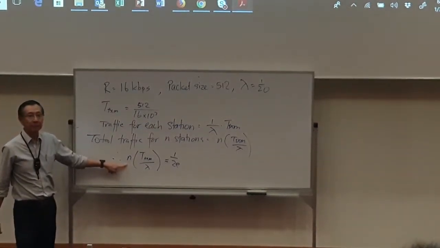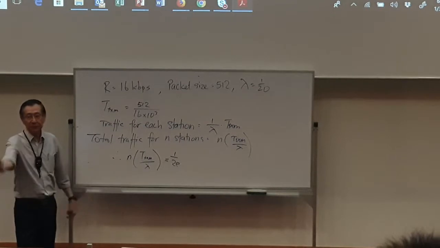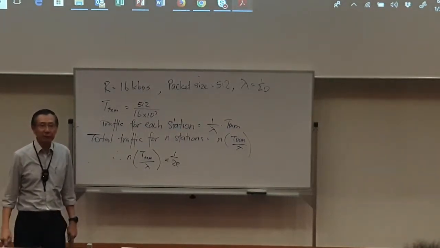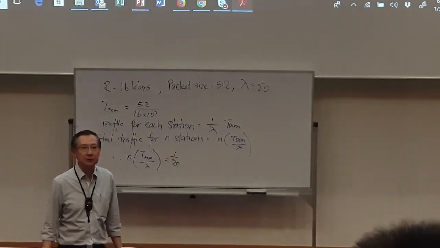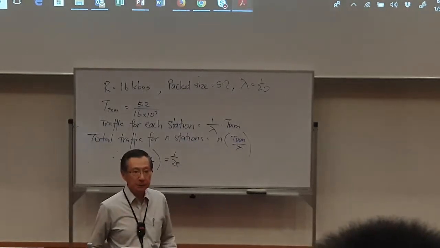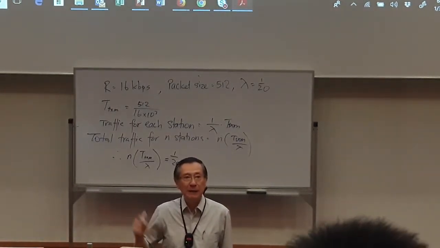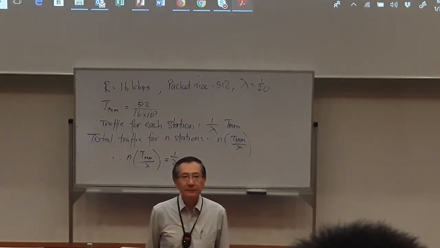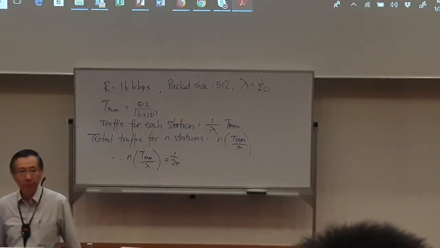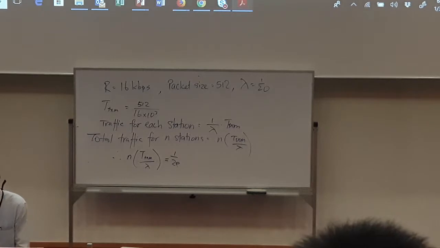Why is it 1 over lambda? Because we differentiated the throughput with respect to lambda, set it to 0 and found lambda max. Lambda is the arrival rate.